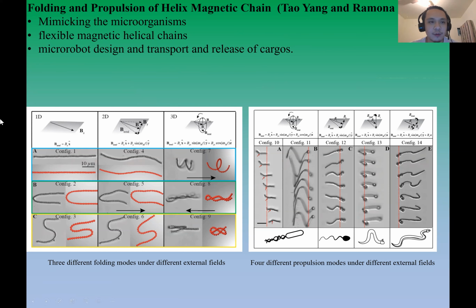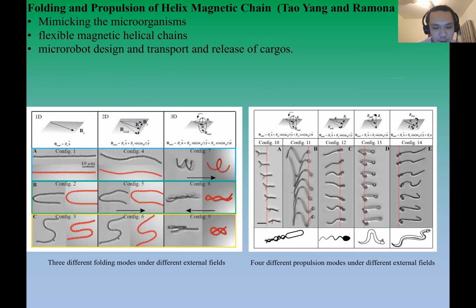Here are some of the results our group researched before. On the left-hand side, you can see that we can make three different folding modes of the chain structure under an external magnetic field. The first one, by applying DC magnetic fields, the magnetic chain structure can form a straight line, U shape, or S shape.